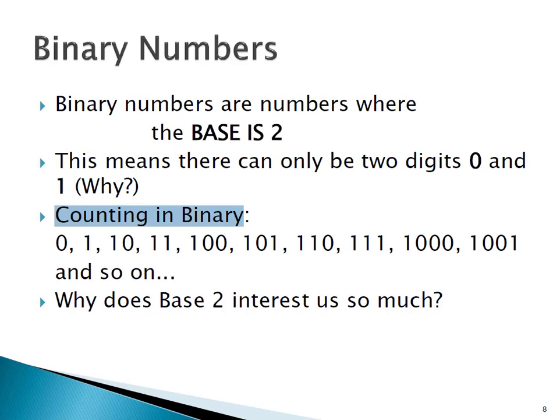Let's count in base 3. Right, so that's 0, 1, 2. There is no 3, so the next number is 10, 11, 12. The next number is 20, 21, 22.